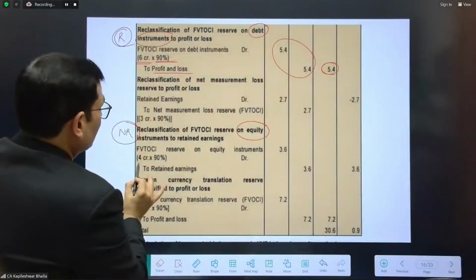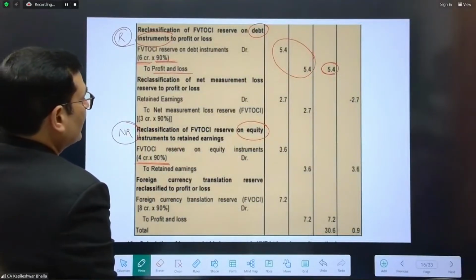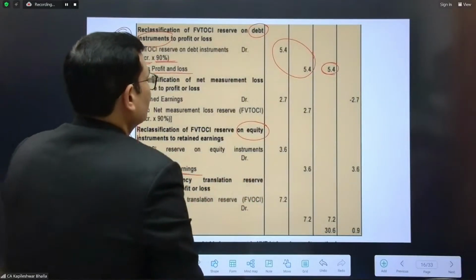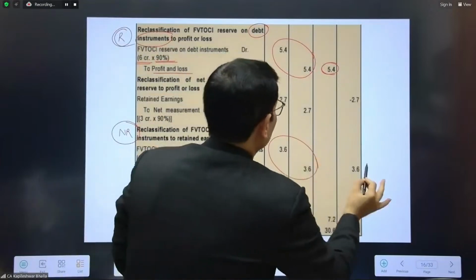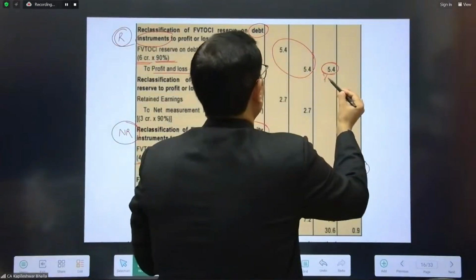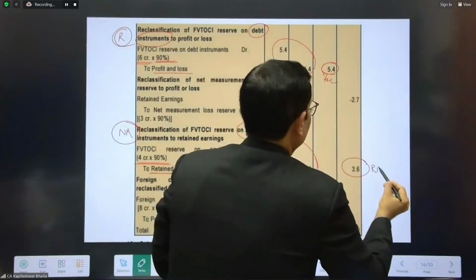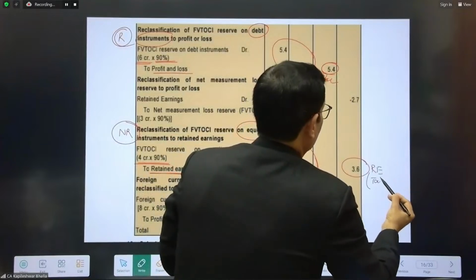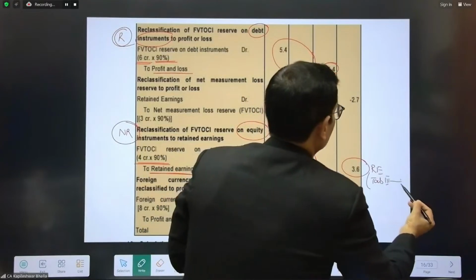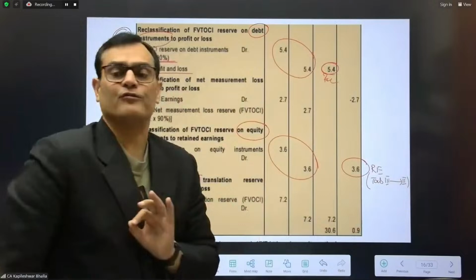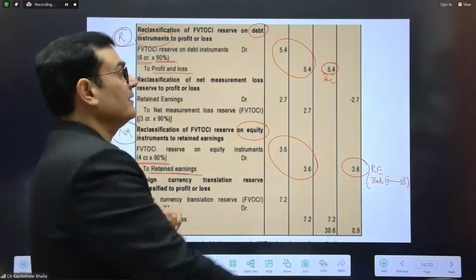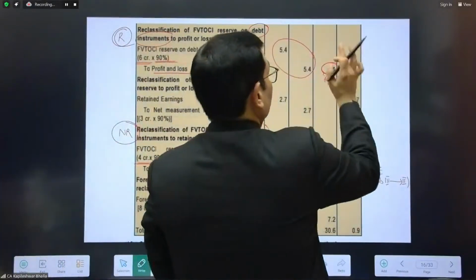So whatever is the accumulated balance, 4 crores into 90%, you can see is shifted to retained earnings. This is the P&L impact, and this is retained earnings. This is shifting the amounts from tab number 3 to tab number 2 on account of NR, and this is reclassifying the amount to the P&L.